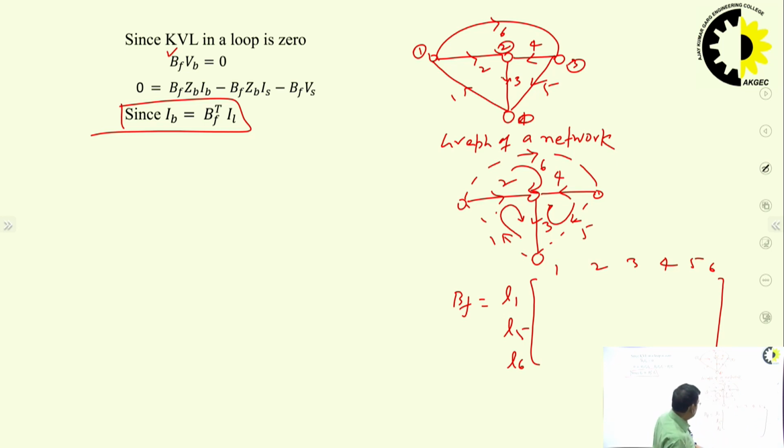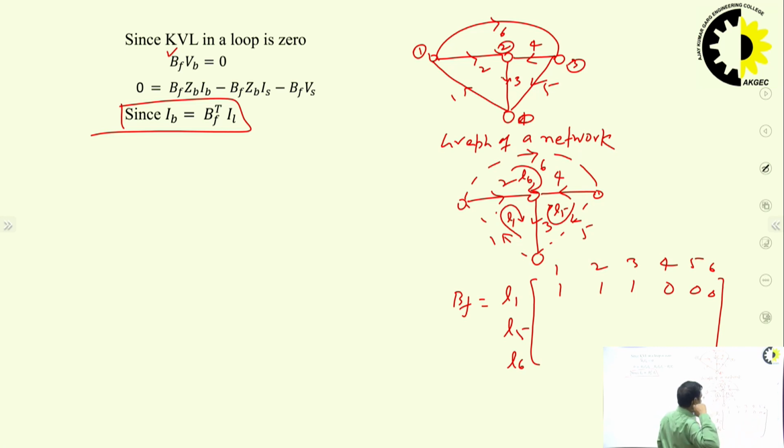For L1, the loop direction is decided by the orientation of the link, so 1, 2, 3 are all plus.